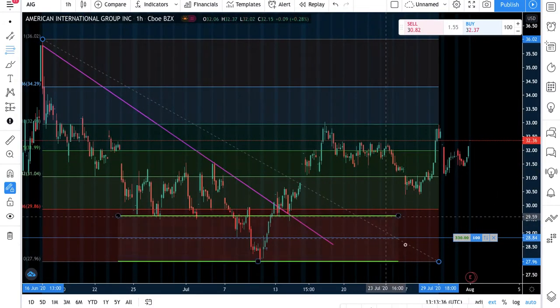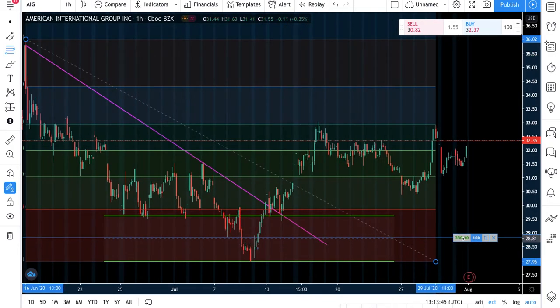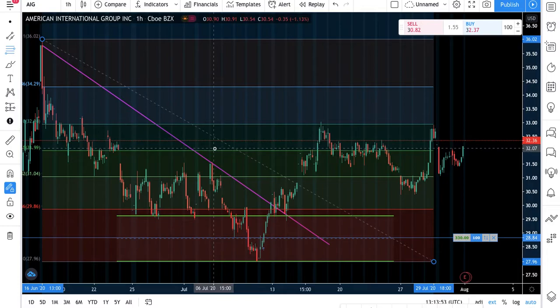I would like to direct your attention to this blue line over here with this small rectangular box over here. So as you can see, I'm currently at a profit of $330 for 100 shares at American International Group using this strategy that I've just laid out for you guys.